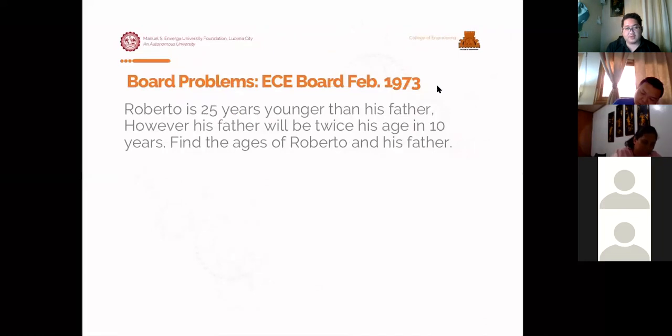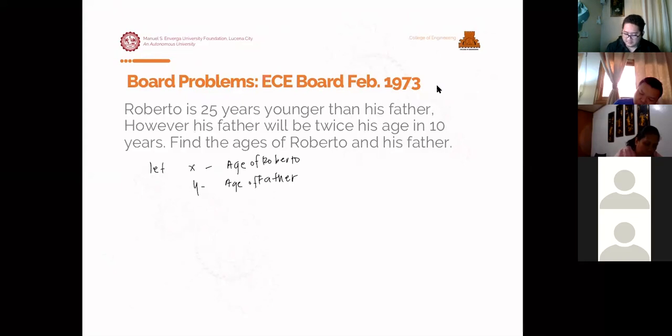So, try natin yung kasunod. Roberto is 25 years younger than his father. However, his father will be twice his age in 10 years. Find the ages of Roberto and his father. Okay? So, i-assume muna natin, let X yung age ni Roberto, then Y is yung age ng kanyang father.